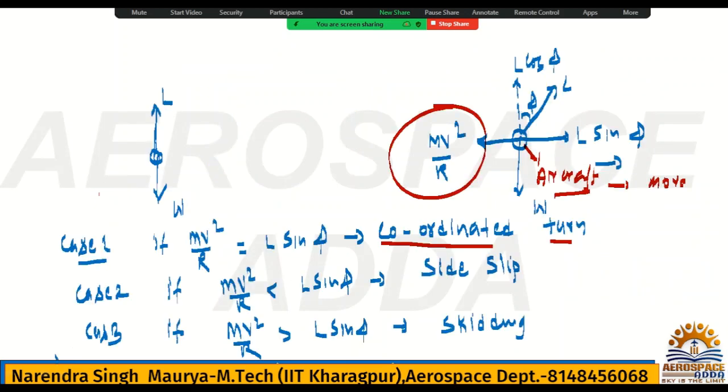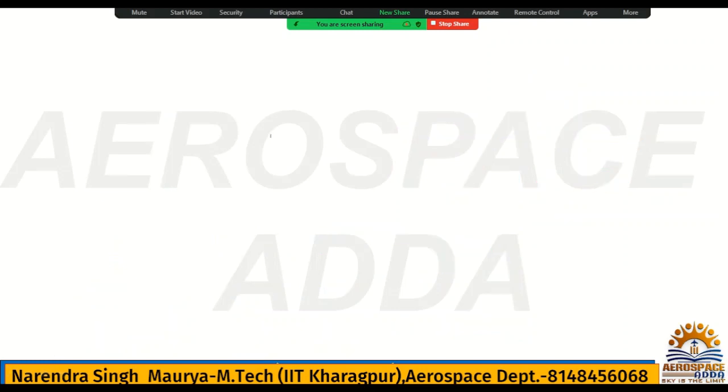So in top view, how will it look like? See, in top view, you check. This is the aircraft. This is the top view.